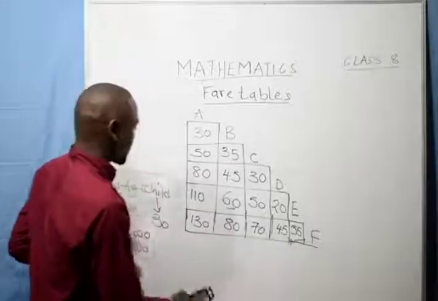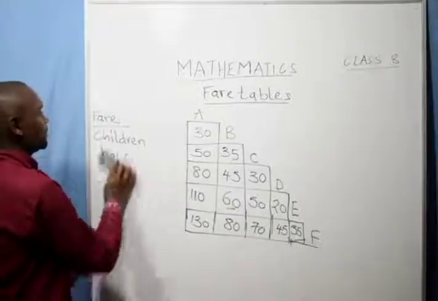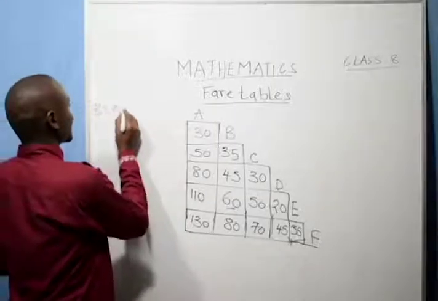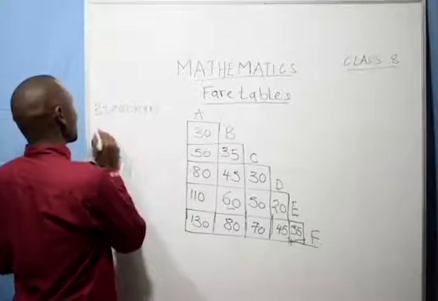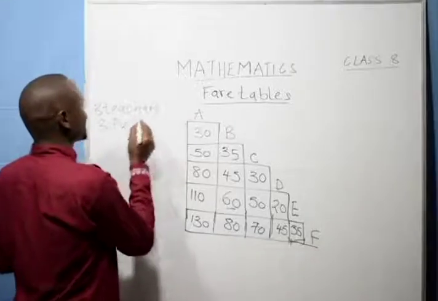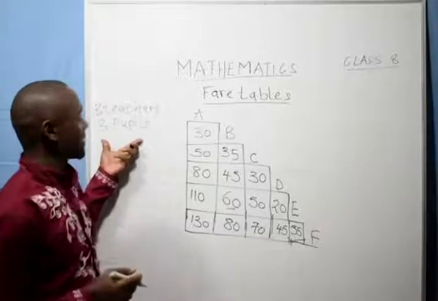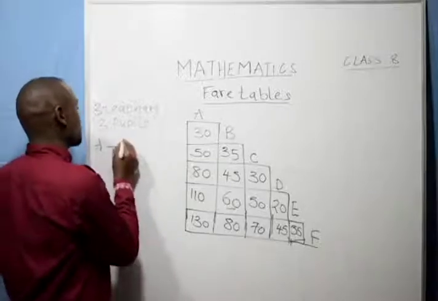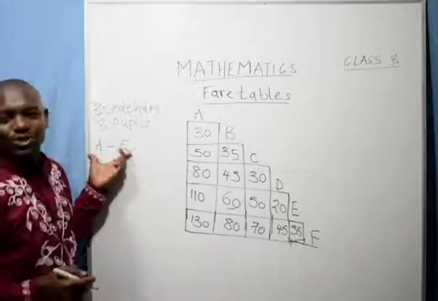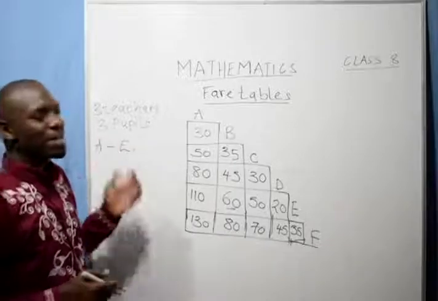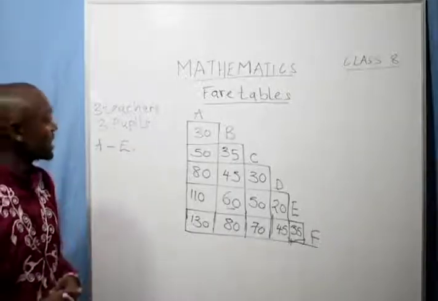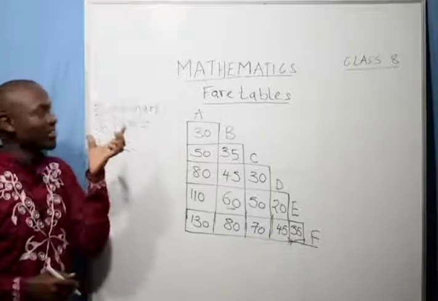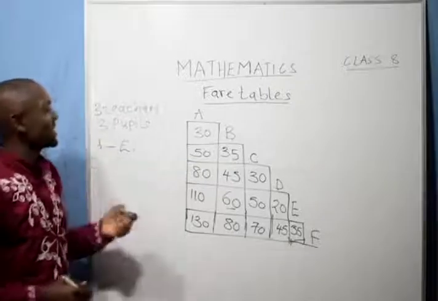I have another example. Three teachers and three pupils were traveling from town A to town E. How much money did they pay altogether? The people traveling here are three teachers, who are three adults, and three children.